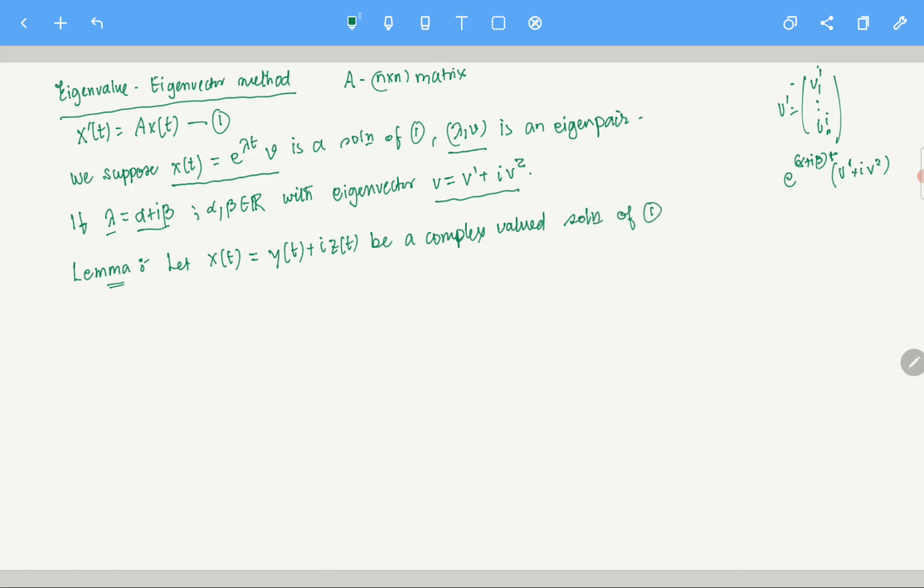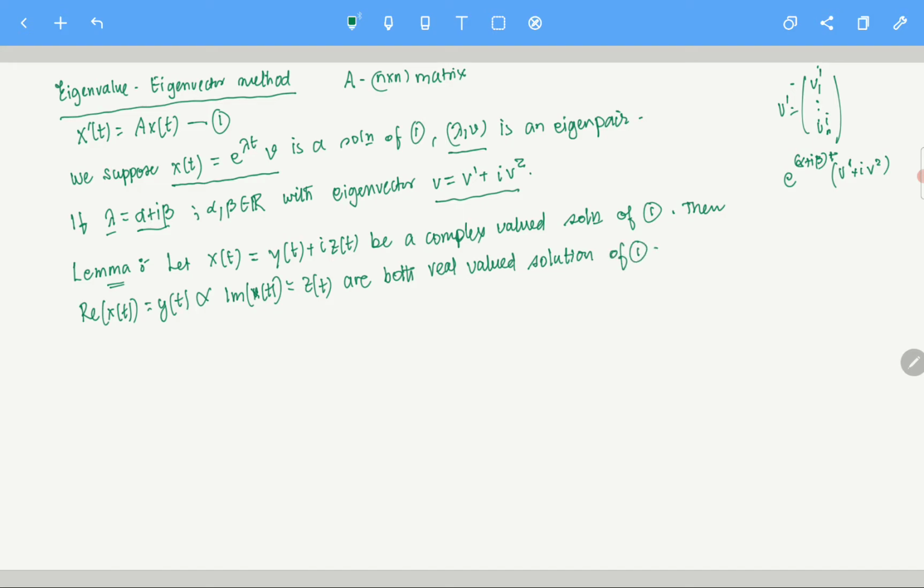Then, if y(t) plus i z(t) is a complex valued solution of (1), the real part of x(t), which is given by y(t), and the imaginary part of x(t), which is given by z(t), are both real valued solutions of (1). This is very important. I hope this is clear.